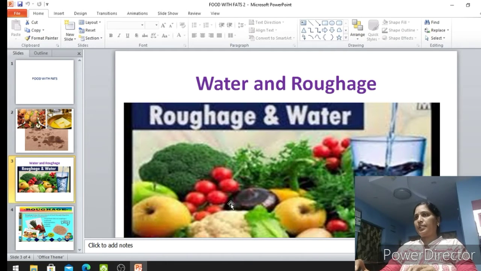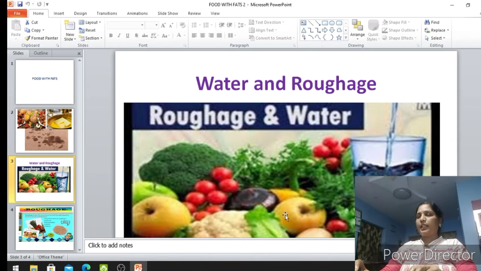And which food items have vitamins and minerals? Fresh fruits and fresh vegetables have vitamins and minerals. So if you have that habit of eating fresh fruits and vegetables, they'll keep you healthy. They'll keep away the diseases.